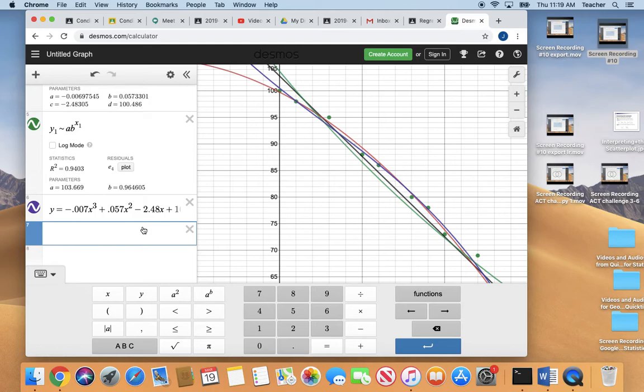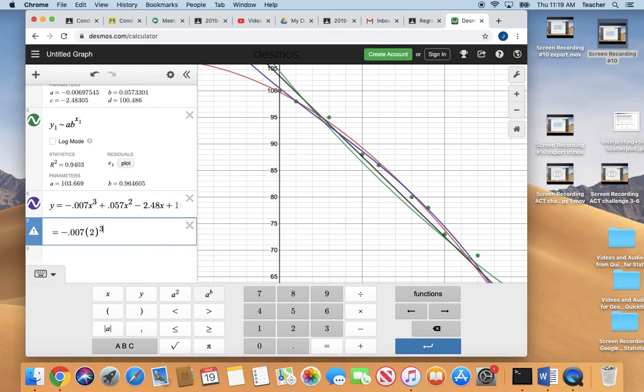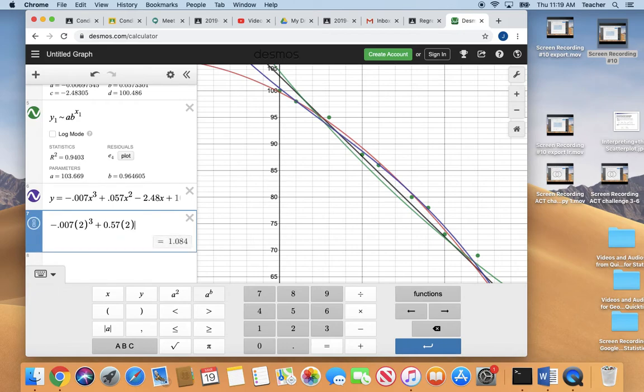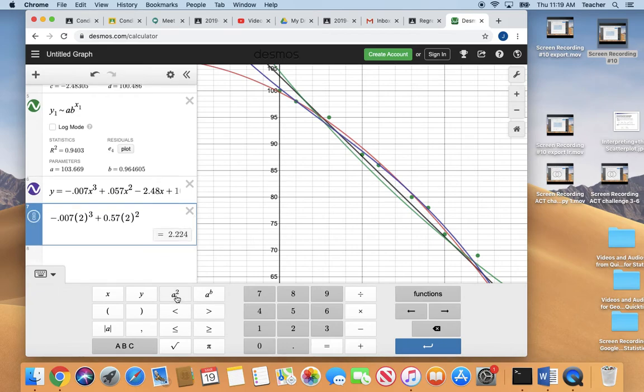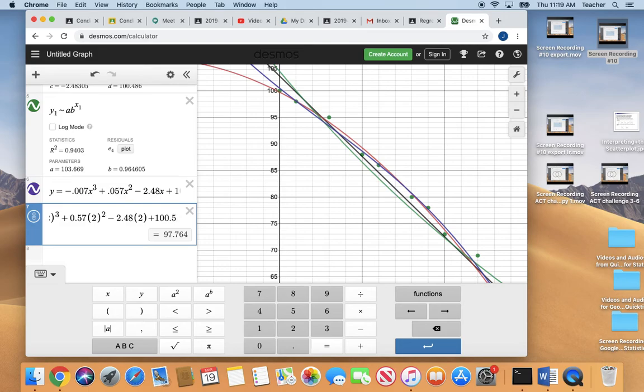I'm going to have my negative 0.007 times 2 cubed, plus 0.057 times 2 squared, minus 2.48 times 2, plus, sorry, it's not plus 1, it's 100.5. That was your d value.